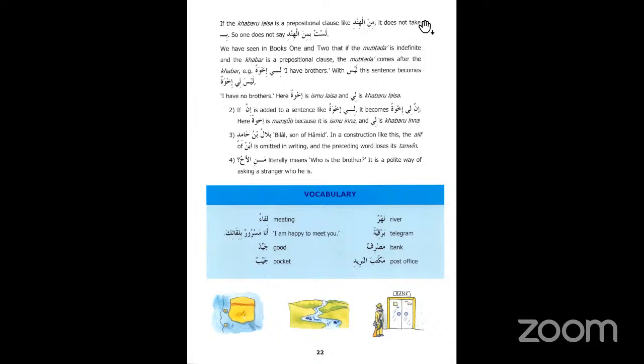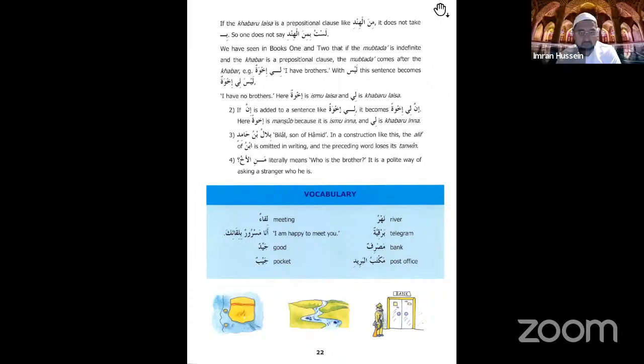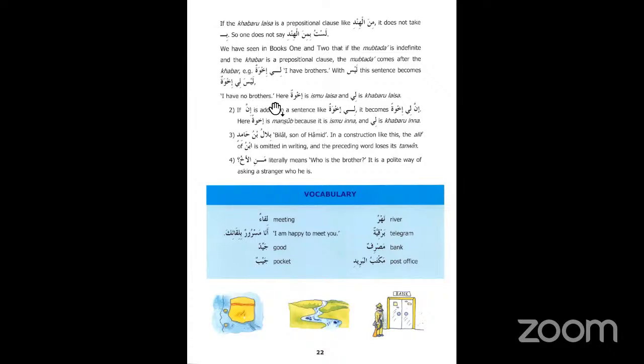Example, li ikhwatun. I have brothers. With laysa, the sentence becomes laysa li ikhwatun. Correct. I have no brothers here.